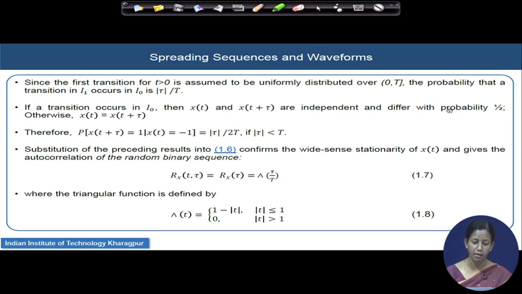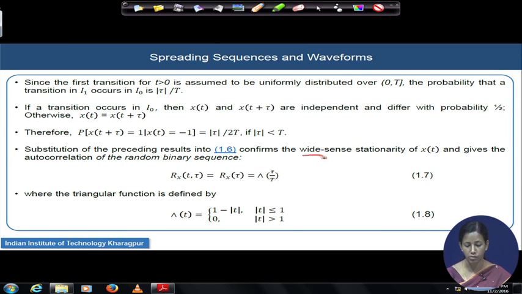I will be ending up with the equation of a triangular function. So, we understand that the substitution confirms that we are dealing with a Whitesen's stationary process x t, and the autocorrelation for this Whitesen's stationary process x t will boil down to a triangular function.